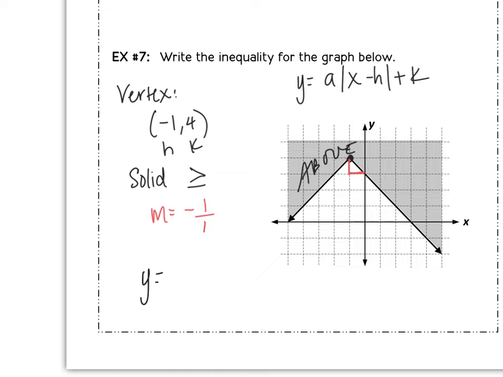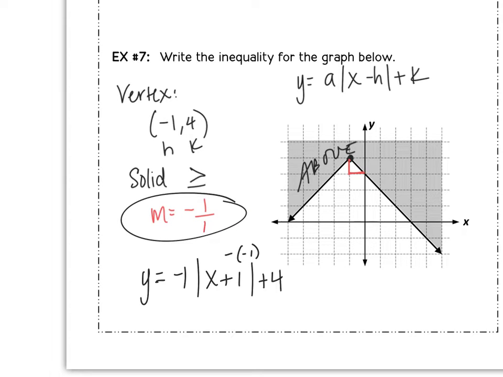So y equals a. So a is driven by my slope, so I'm going to put a negative 1 in there. Absolute value of x minus h. So x minus a negative 1. Remember, we have minus a negative. That makes it a plus 1. And then plus k at the end is your 4. So this would be your final answer.